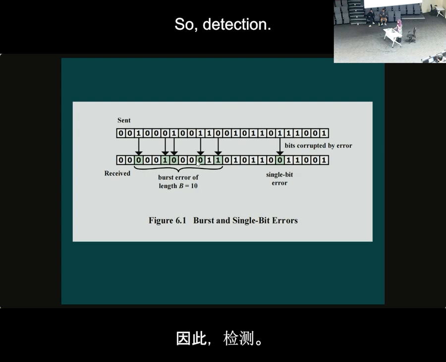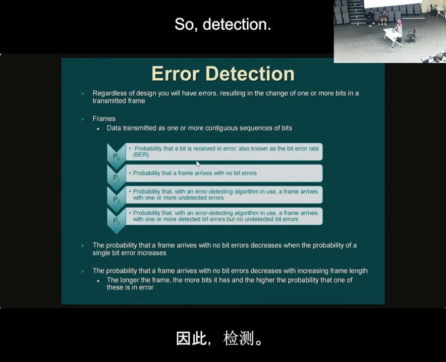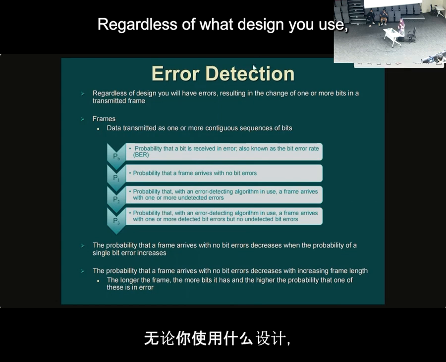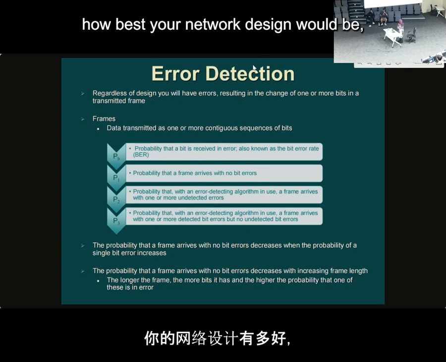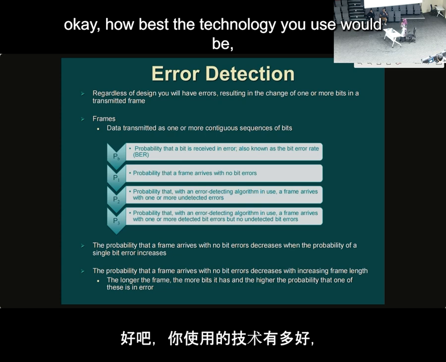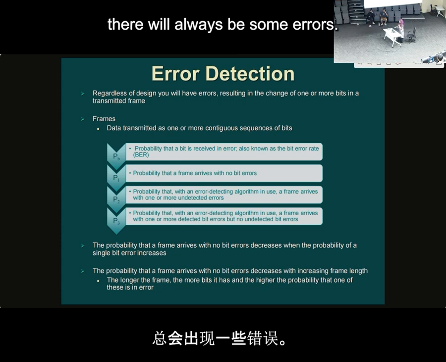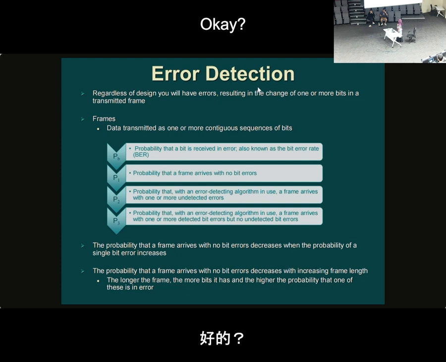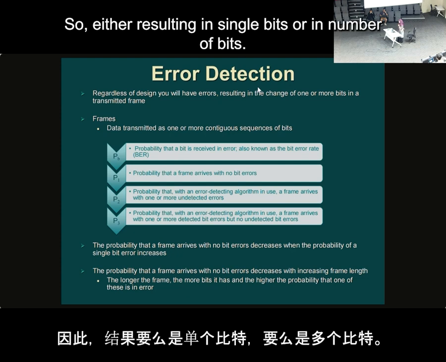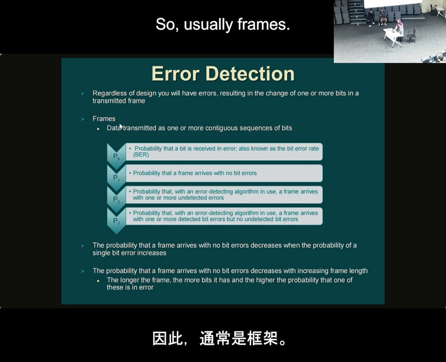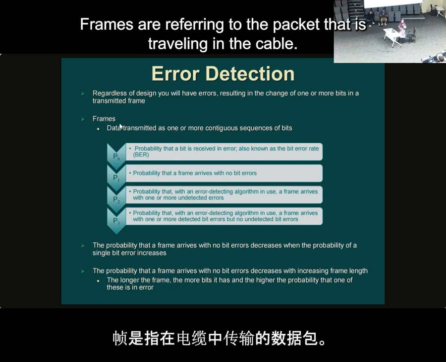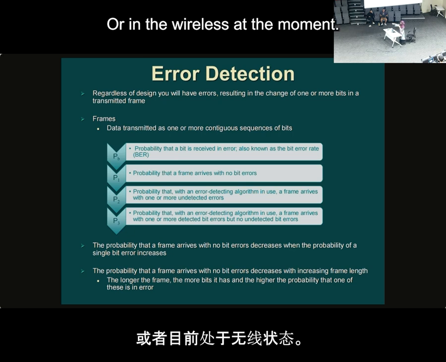All right, so detection, how you can detect. Regardless of what design you use, how good your network design is, or how good the technology you use is, there will always be some errors in the transmission, resulting in either a single bit or a number of bits in error. Frames refer to the packets traveling in the cable or in the wireless medium at the moment.